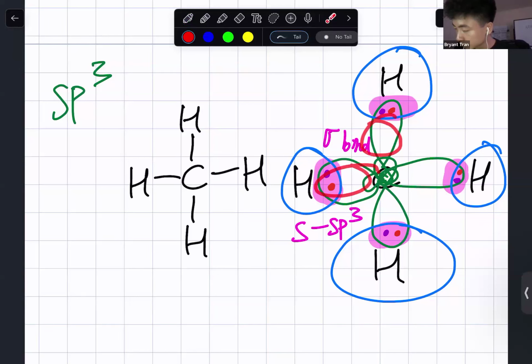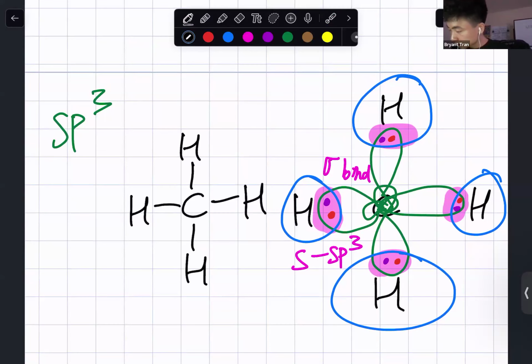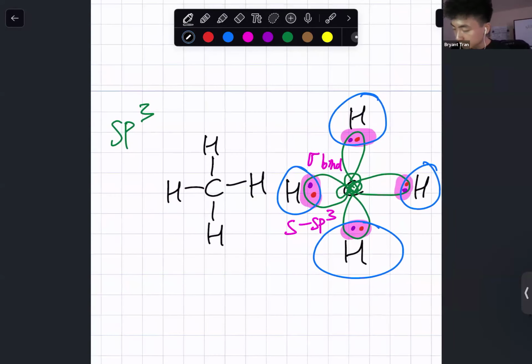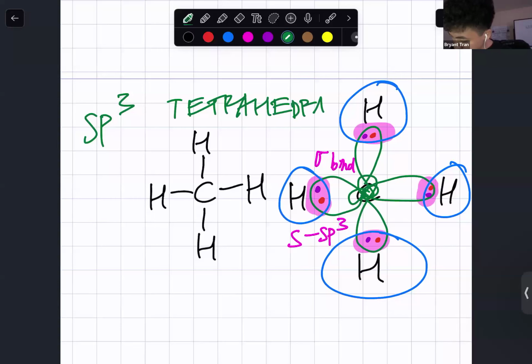These green orbitals here are sp3 orbitals, and this blue here is an s orbital, like that. And the geometric shape of this is going to be tetrahedral, meaning that the bond angle between them is going to be 109.5 degrees, like that.